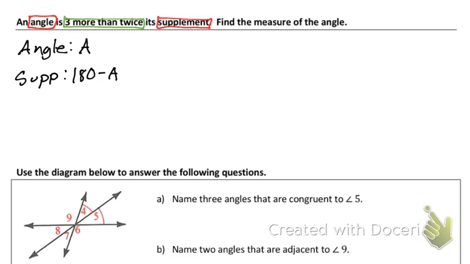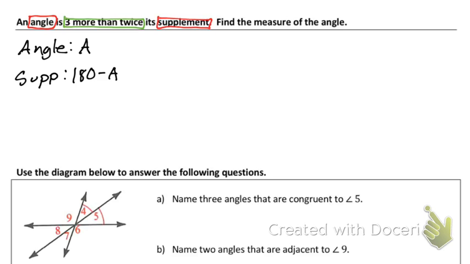All right, so we have kind of a healthy blend between angle and supplement. Some of us think it's angle, some of us think it's supplement. So let's go back and read this. This says an angle is 3 more than twice its supplement. So if I say I'm 3 years older than you, who's older?